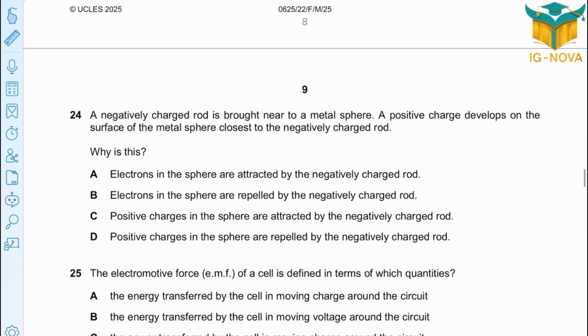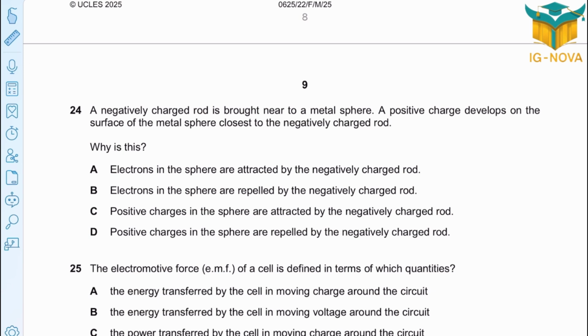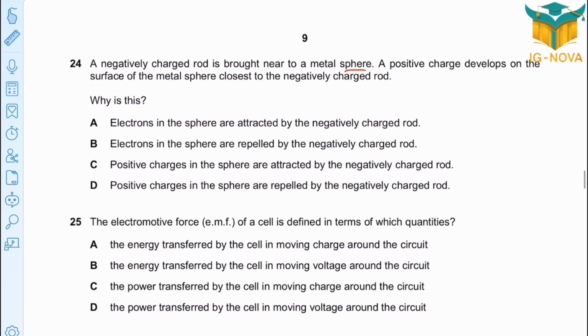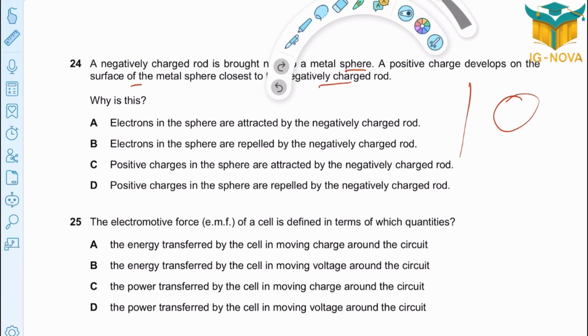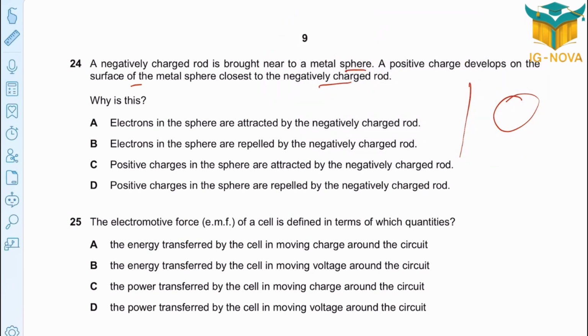Question 24. A negatively charged rod is brought near a metal sphere. Charged rod, metal sphere. A positive charge develops on the surface of the sphere closest to the negatively charged rod. Why is this? Why does positive charge exist here more?